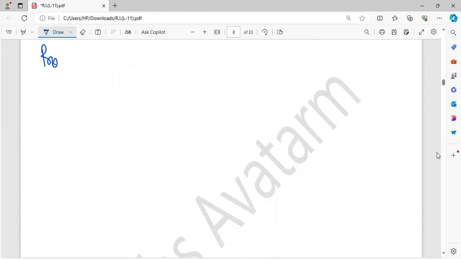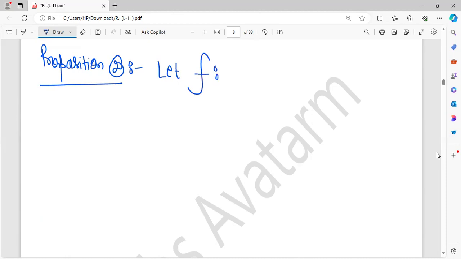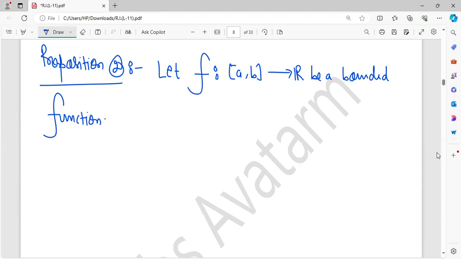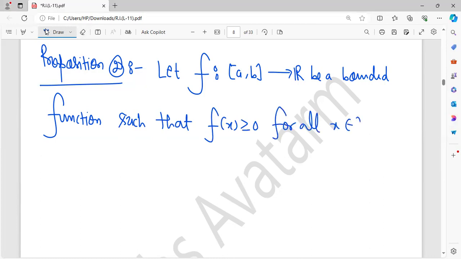So proposition 2. Let f from the closed interval [a, b] to R be a bounded function such that f(x) is non-negative for all x belonging to the closed interval [a, b].